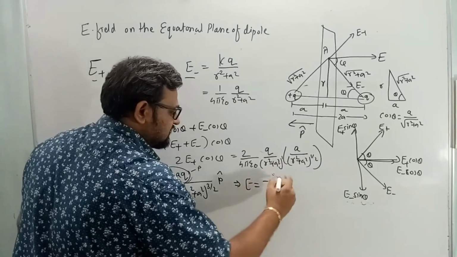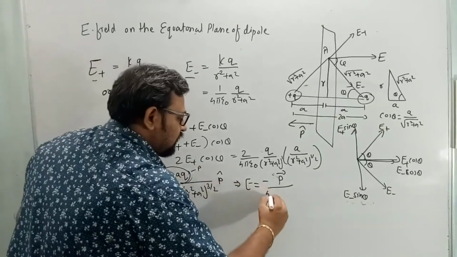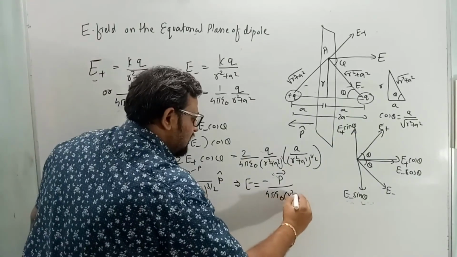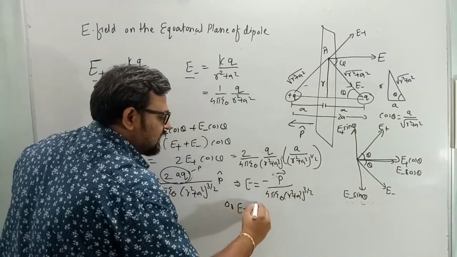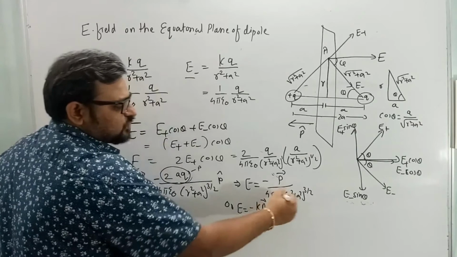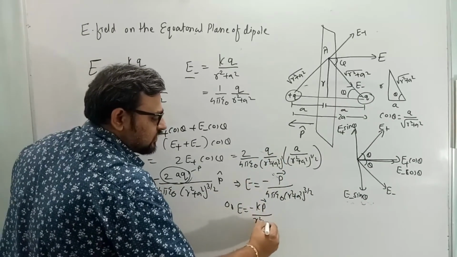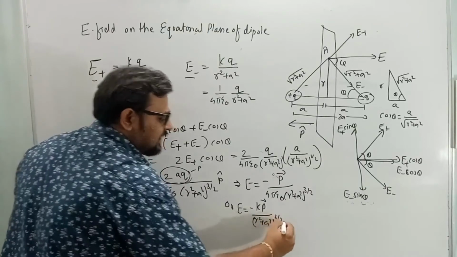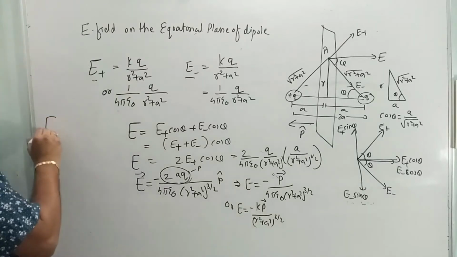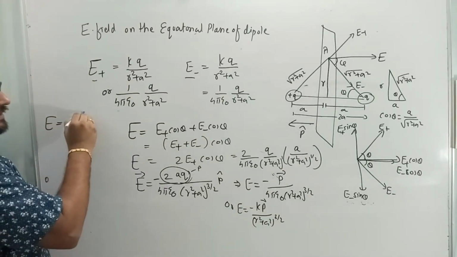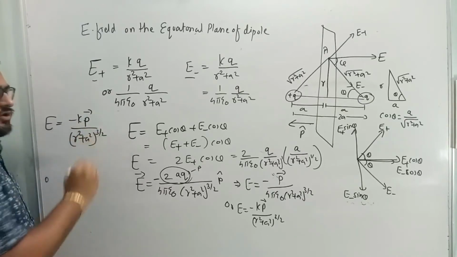Sorry, minus p, I am writing in vector form, so I am including the direction also, upon 4 pi epsilon 0 r square plus a square raised to 3 by 2, or E equal to minus kp, where 1 by 4 pi epsilon 0 I have taken as k, upon r square plus a square whole raised to 3 by 2. Clear? Now I am writing this formula once again here. E is equal to minus kp upon r square plus a square raised to 3 by 2.